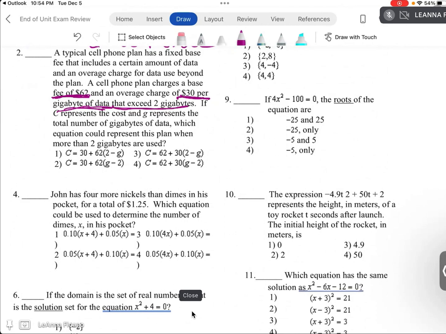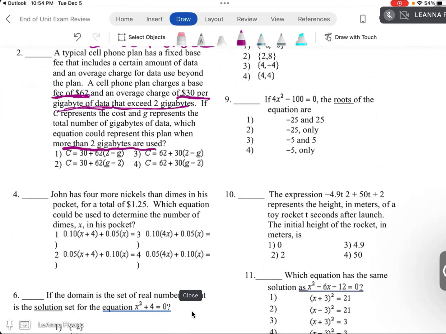If C represents the cost and G represents the total number of gigabytes of data, which equation would represent this plan when more than 2 gigabytes of data are used?